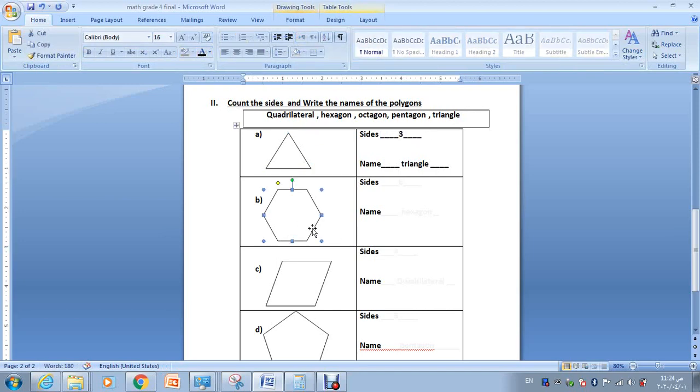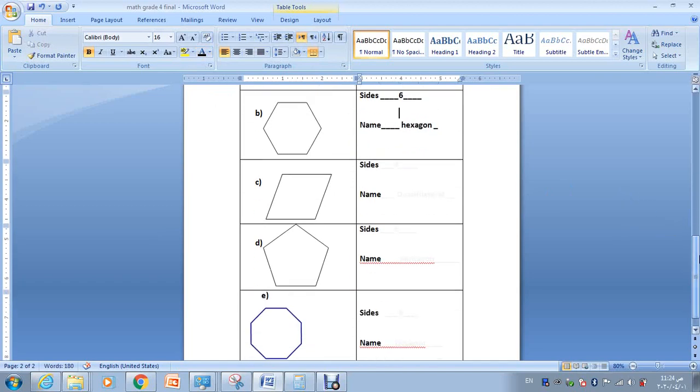Next one, let's count how many sides does it have. 1 from up there, 1, 2, 3, 4, 5, 6. So it has 6 sides, and we said that the word hexa means 6. So hexagon is the name for the polygon we have here.